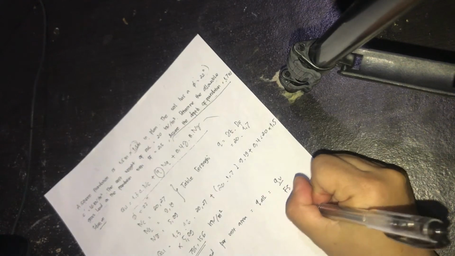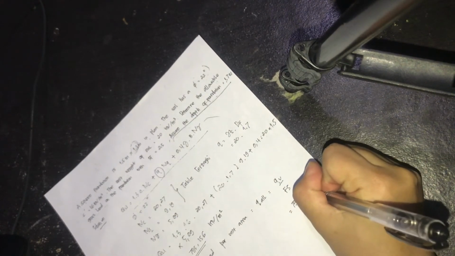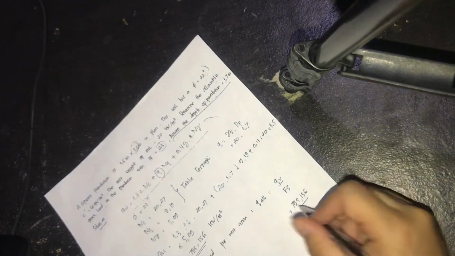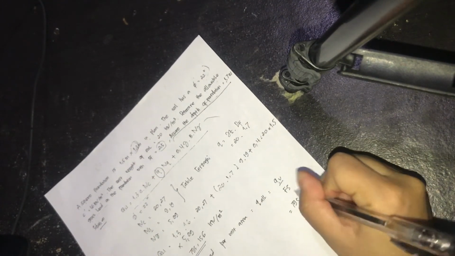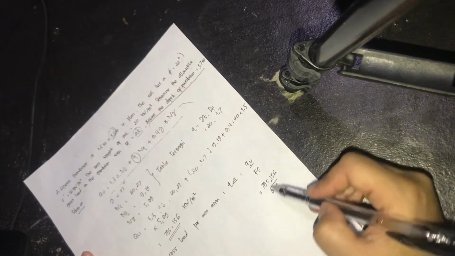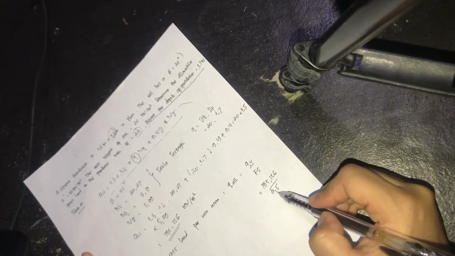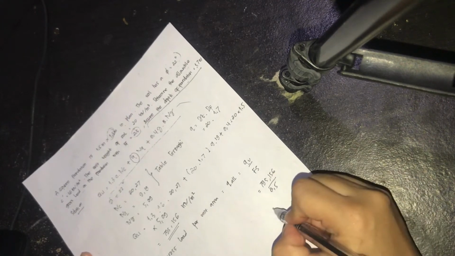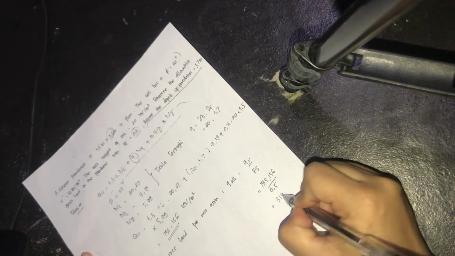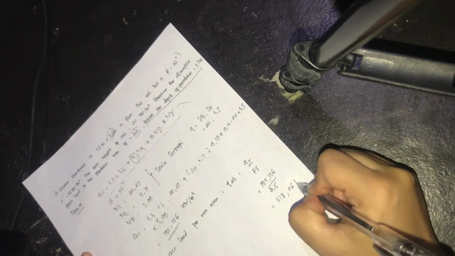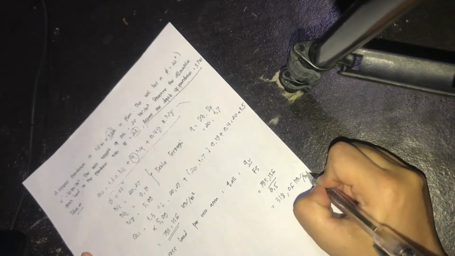Here the factor of safety is 2.5. So here we can calculate it: 795.156 divided by 2.5. So it's equal to 318.06 kilonewton per meter square.